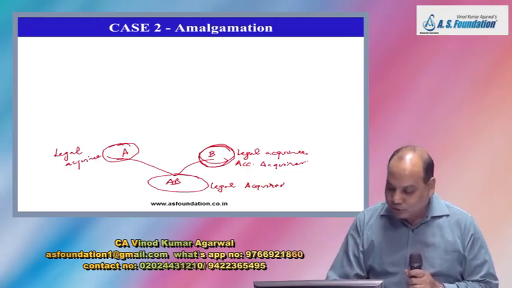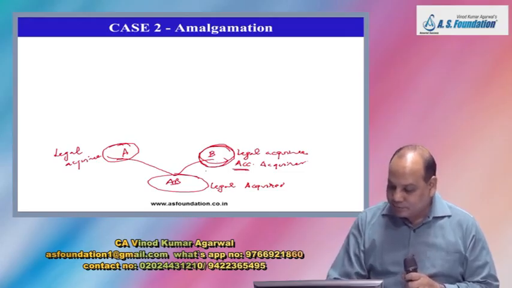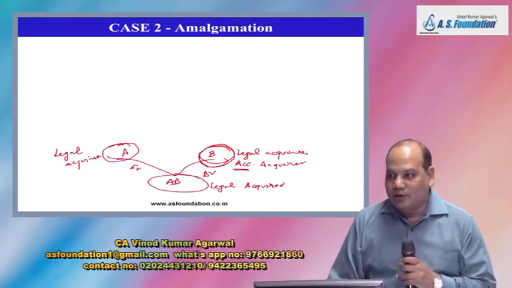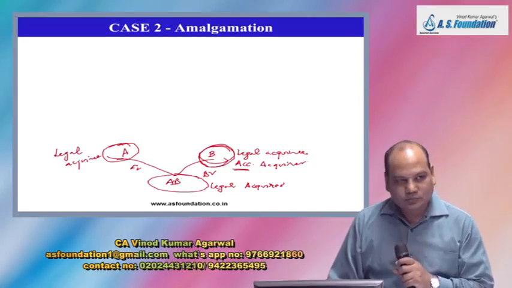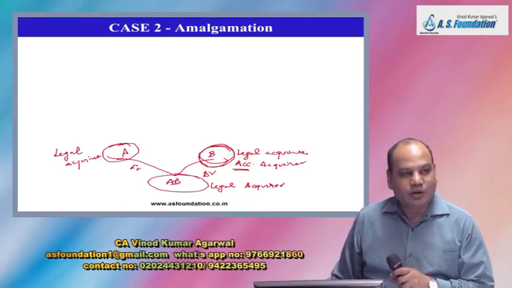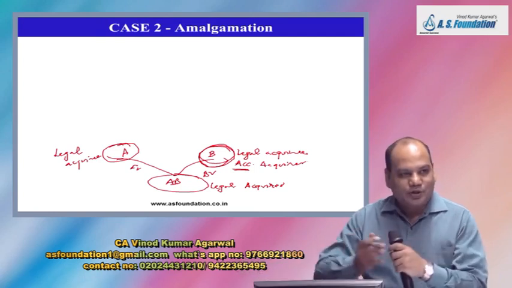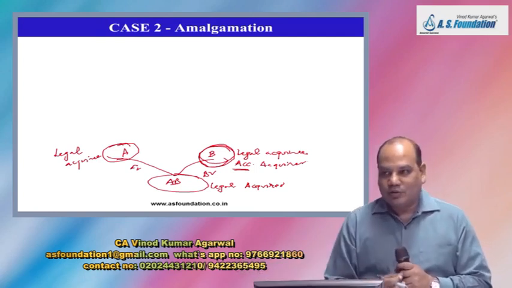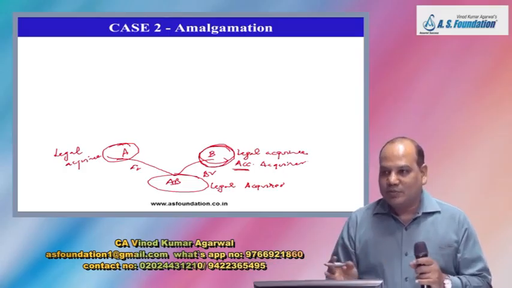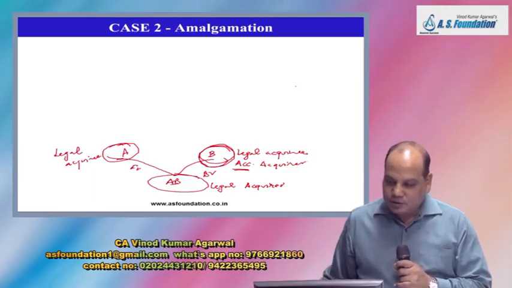So when B becomes accounting acquirer, assets and liabilities of B Limited will be recorded at book value and assets and liabilities of the other entities other than B will be recorded at fair values. So you identify who is the accounting acquirer. If many companies merge together, whoever gets the control, his assets and liabilities will be at book value, and all other merging entities at fair value.